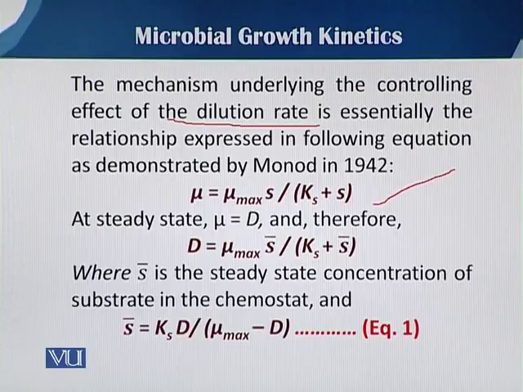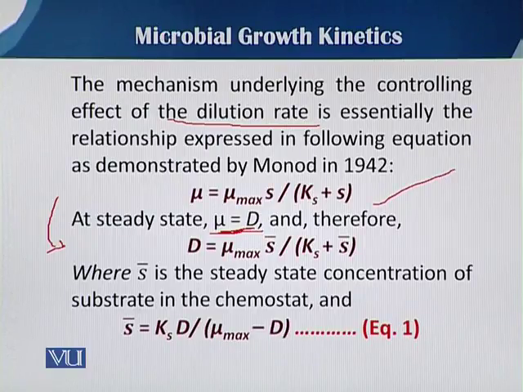So in a continuous culture, when we say that mu is equal to D, meaning our specific growth rate becomes equal to the dilution rate, so there is a dilution and there is a growth, and there is no more change in the cell mass concentration in the fermentation vessel, then we can transform this equation just by replacing mu with D. So we can say here that D is equal to mu max S bar over Ks plus S bar.